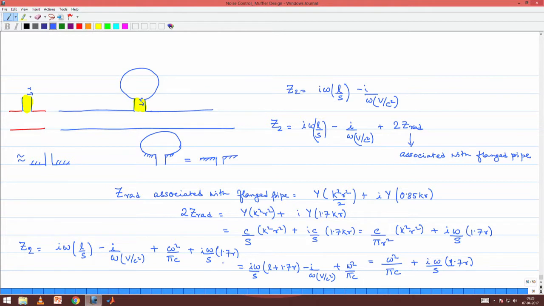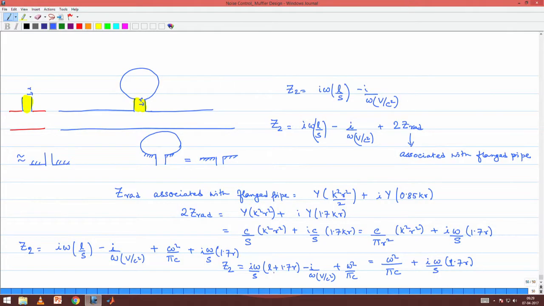So, this is the corrected formula for the impedance of the Helmholtz resonator, which accounts for the fact that it actually radiates sound within not only the cavity of the Helmholtz resonator itself, but also the inlet pipe, which is pretty large in comparison to the volume of the air content in the neck of the Helmholtz resonator.